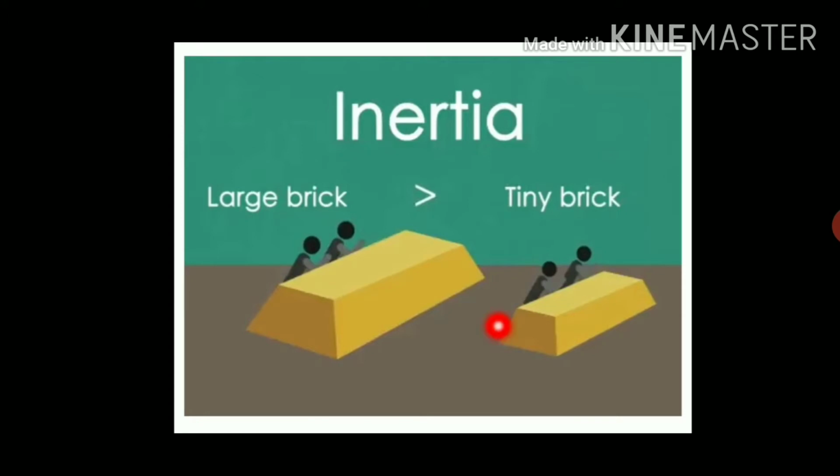Observe these slides. In this slide, one object is a large object, that is a large brick, and another is a tiny brick. Now tell me, suppose I have to move both these objects, for which object is more force required to move or to set the object in motion?